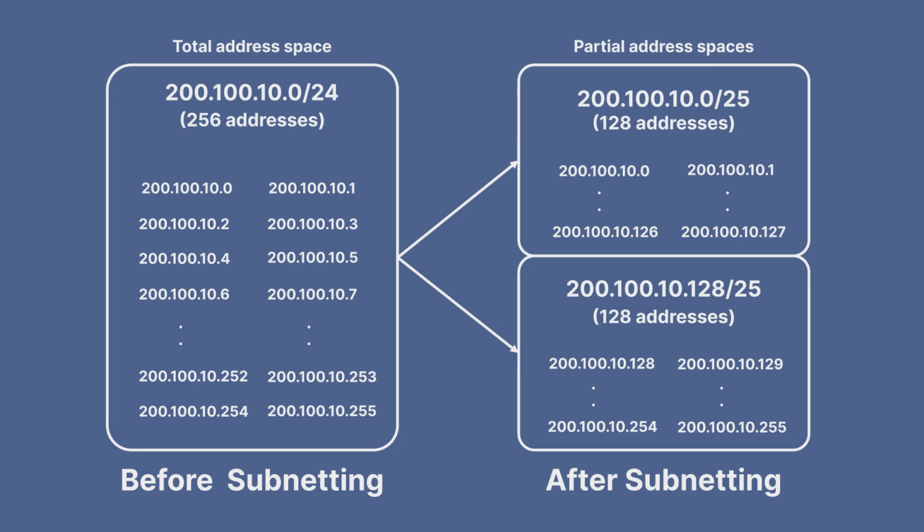By doing this, it helps determine which devices belong to the same local network and which belong to different networks. It supports efficient network organization, better control of data flow, and overall improved network security management.